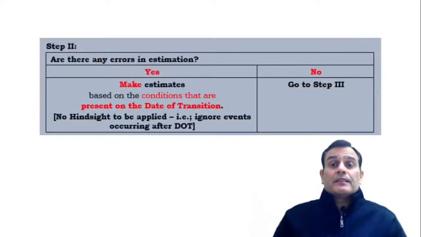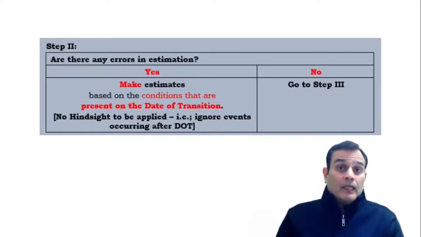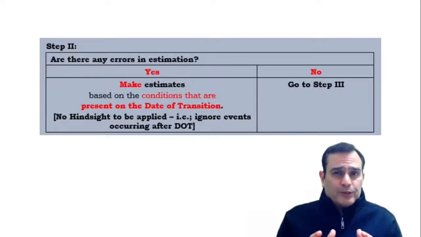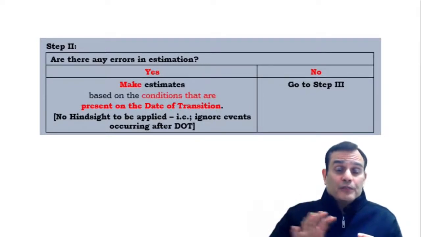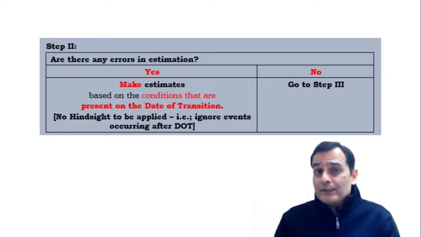Second step is that if you said, yes, we made estimates under the previous GAAP, now it's time to interrogate and find out whether there were any errors in the estimates or not. Well, if you say that there were no errors in the estimate, we'll do something further, because we also need to probe into the consistency in terms of Ind AS. So even if you say no, there were no errors in the previous GAAP, it doesn't mean that I'll accept them as they are.